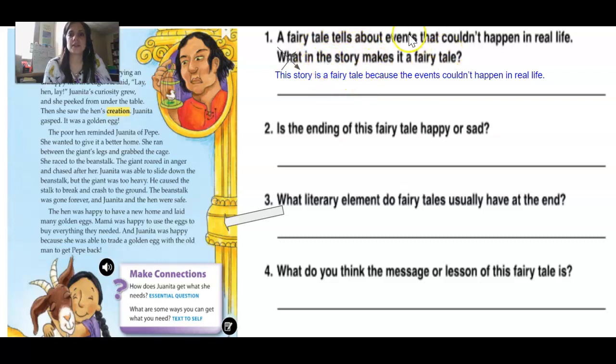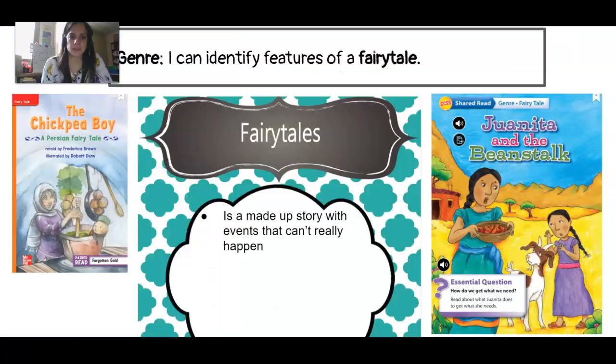The story is a fairy tale because, and now we're using our information from our slide, the events couldn't happen in real life. So notice we got our answer directly from this slide. Events that can't really happen.